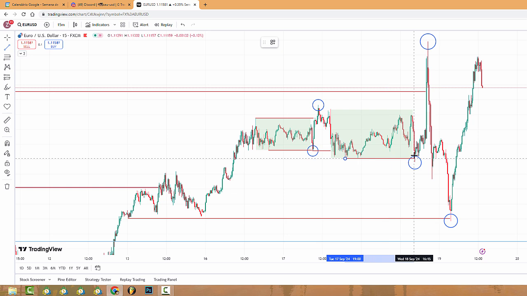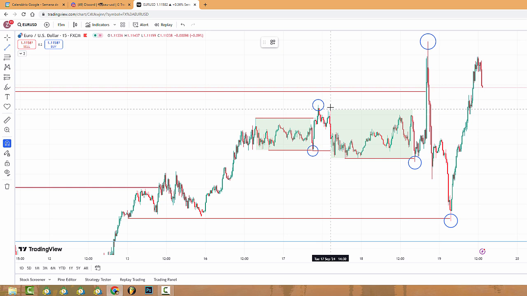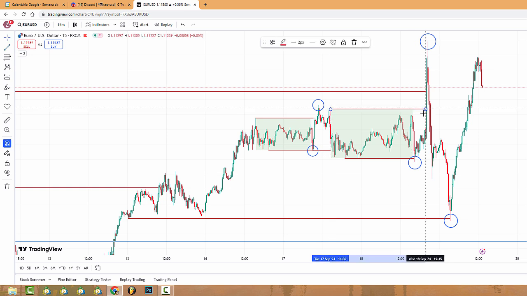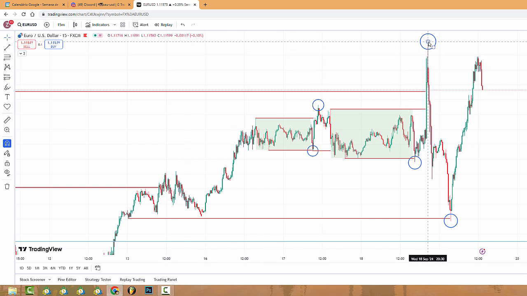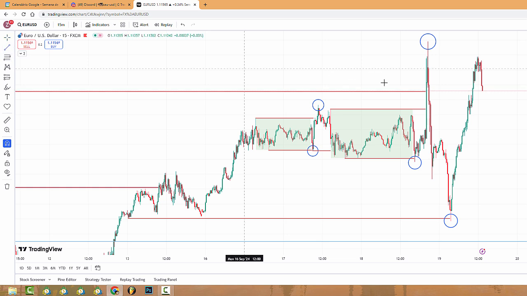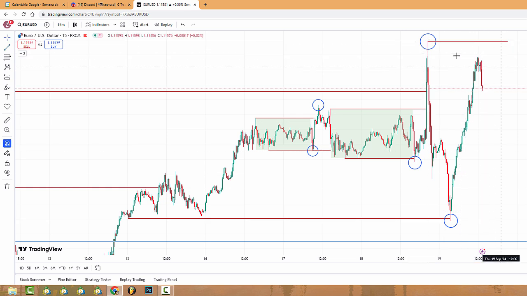So price broke the low of this range, then made the move that broke this high of the range and broke a major high on higher time frame that I'm gonna show you later. Then this high caused the movement to break this low, and this low is gonna make the movement break this high, because I can guarantee you this is another trap. This is too easy for smart money traders.